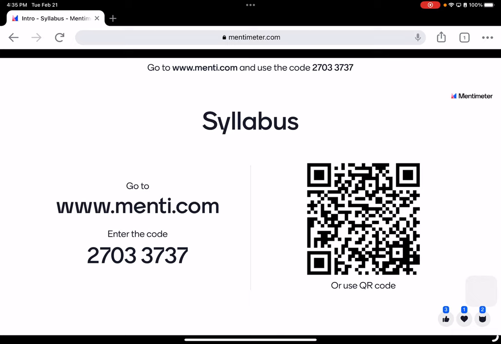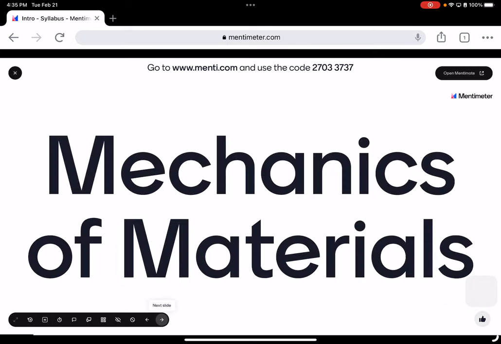Okay, let me continue here. Mechanics of materials. So, the course itself, the name, mechanics. Of course, we are going to see some mechanical properties related to classical physics.